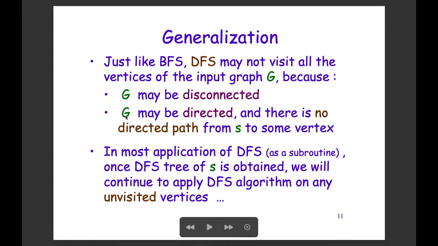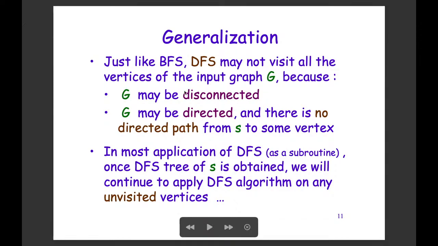The other case is the graph G itself may be directed. Again, in a directed graph, although things look like they are in the same component, if there is no directed path from S to the node, then we will not be visiting them. We will see an example soon.